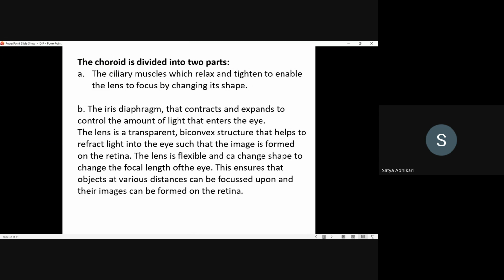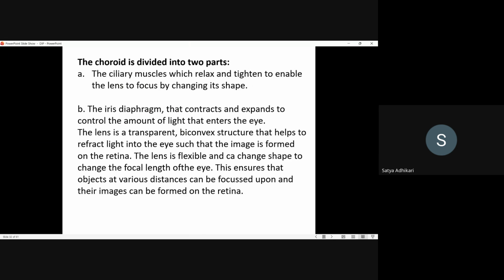Okay, so the lens is flexible and changes shape to change the focal length of the eye. So there is a focal length of the eye, and the shape is changed to adjust it. This ensures that objects at various distances can be focused upon and their image can be formed on the retina.